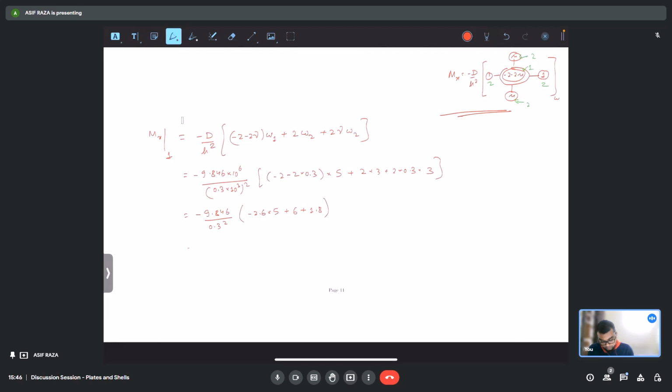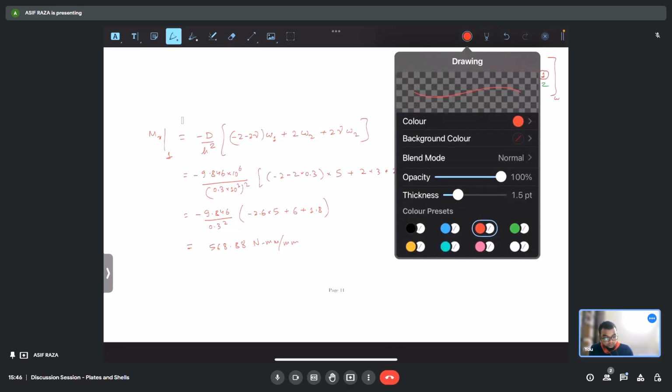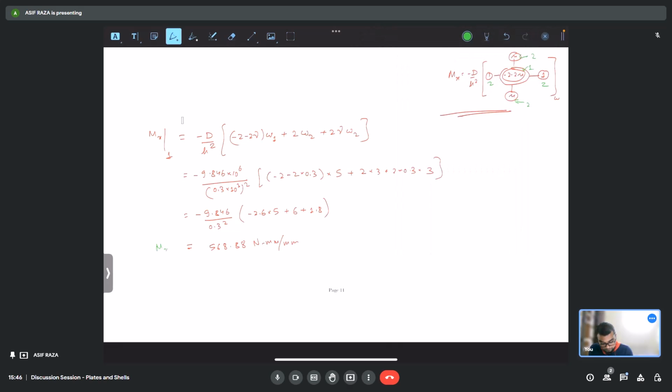This is equal to 568.88 Newton per m. So this is my answer. And due to symmetry, this will also be equal to this.